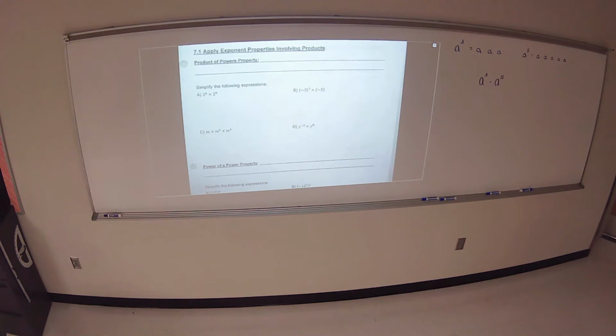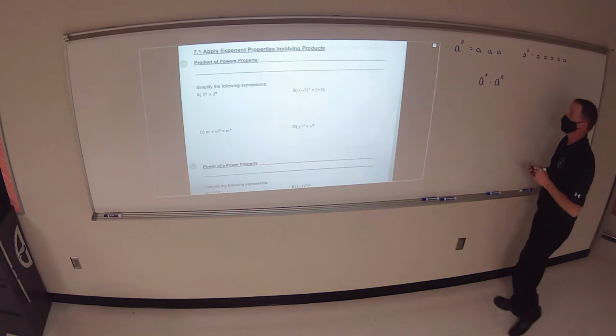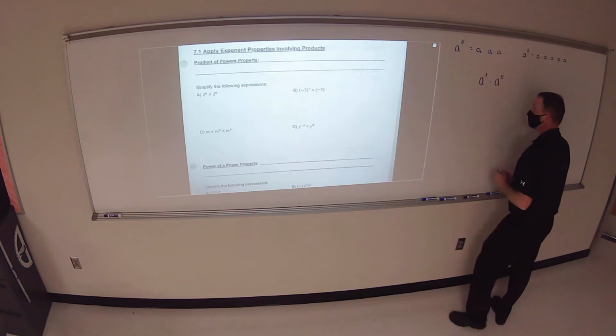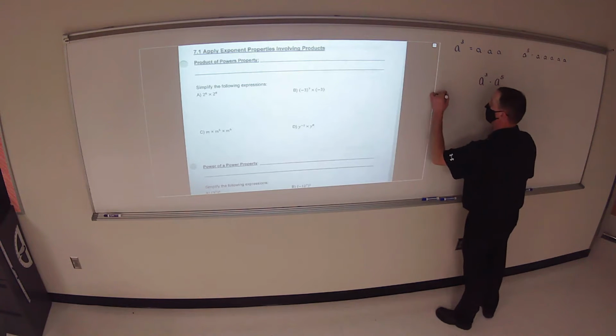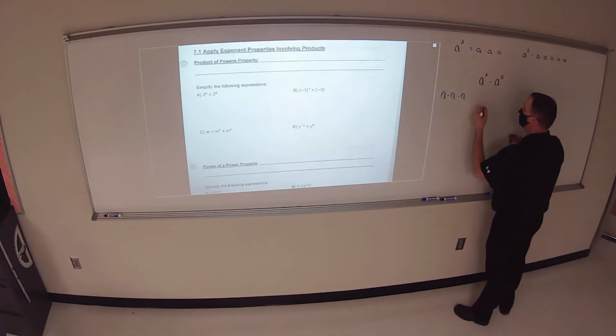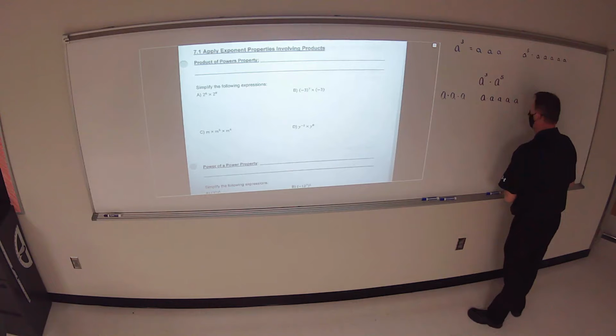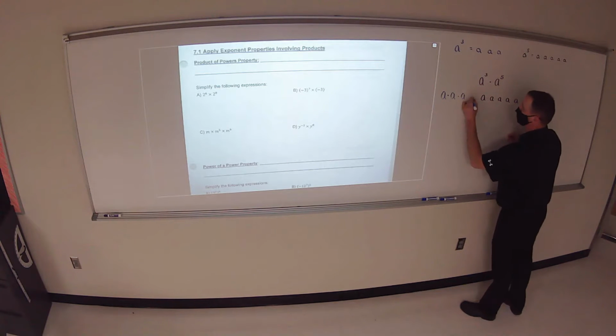If we want to understand where this rule comes from and how it is involved, I think it's important for us to go back to the basics here. Okay? If a to the third power is taking a times itself 3 times, and a to the 5th power is taking a and multiplying it by itself 5 times, what happens when we multiply those two things together?